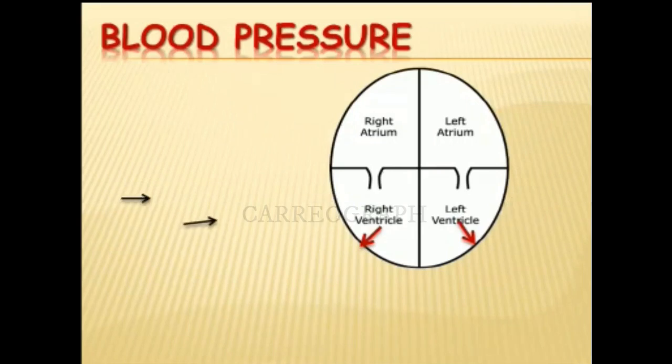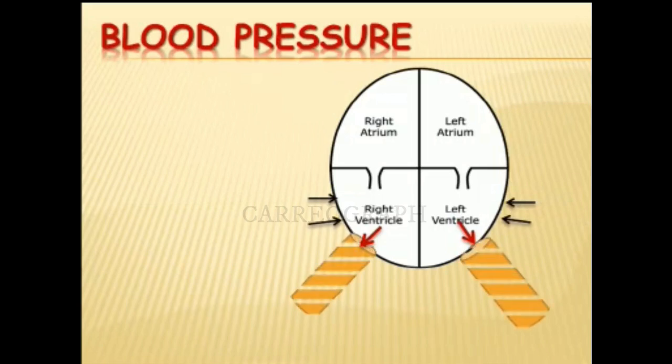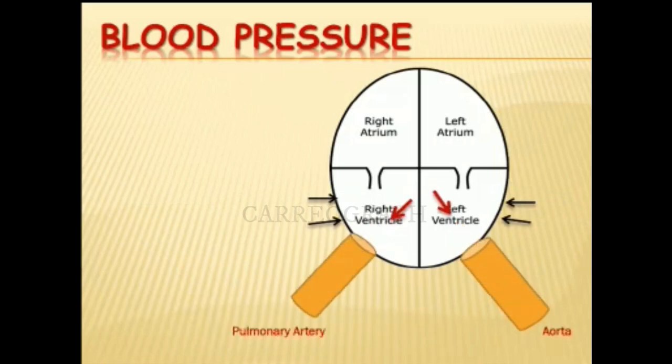If you see the contraction in the picture, when the ventricle contracts, blood goes from the right ventricle to the pulmonary artery, and from the left ventricle it goes into the aorta. From the pulmonary artery this blood goes into the lungs, whereas from the aorta it goes to the different parts of the body.